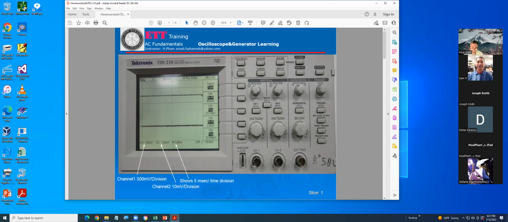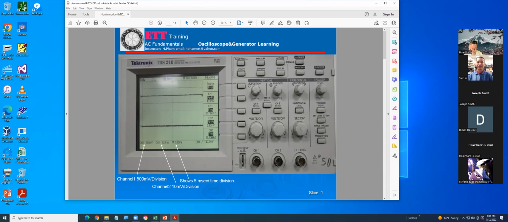You see here you have channel 1 and channel 2. Normally you can set the first window for channel 1, the second for channel 1, the next for channel 2, and channel 2. You set it up for each channel.